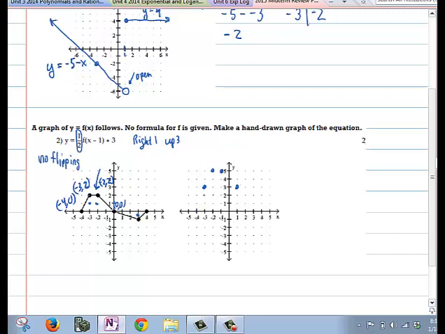My next point, which is at 3, -1, will go right 1 to 4, up 3. So it starts here, I'm going to go right 1, up 3, and that'll put me there. And the last point at 4, 0, we'll go right 1, so we'll go to 5, and up 3. So go there.